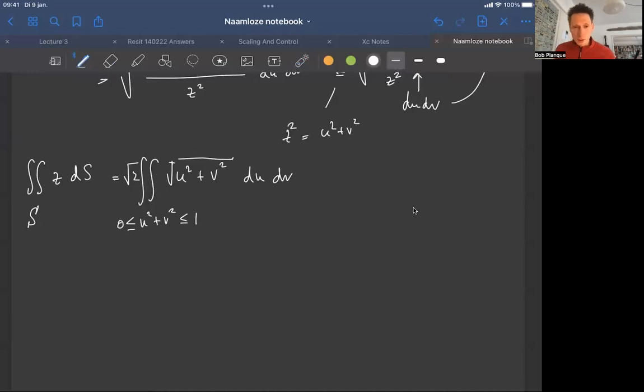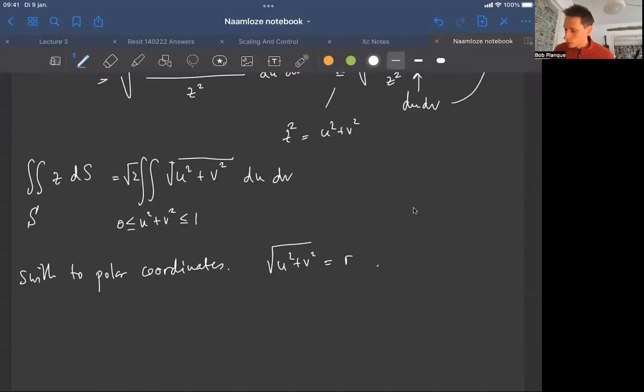So since this is a circular domain, it makes sense to not write it in this form, but to write this in polar coordinates. Where the square root of u squared plus v squared is nothing but r, which should not be confused with the parametrization r that we had before, where this is the r from r and theta.